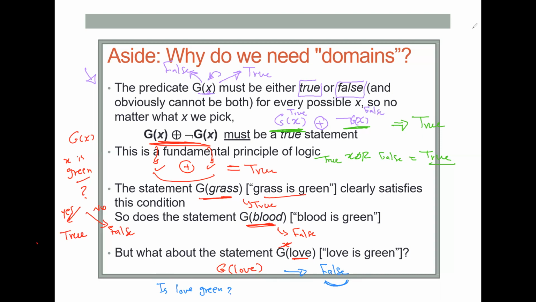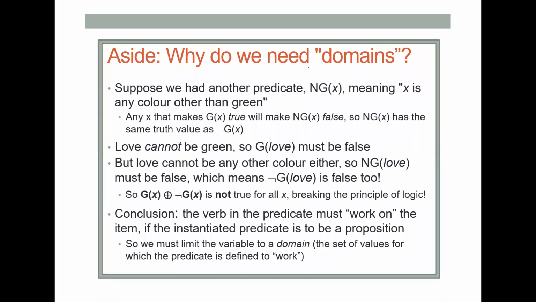Let's continue to the next slide, and I will show you the importance of defining domains. Now, let's define another predicate, NG, which stands for not green. NG of X asks: is X not green? If you answer yes, it would be true. If you answer no, it would be false.